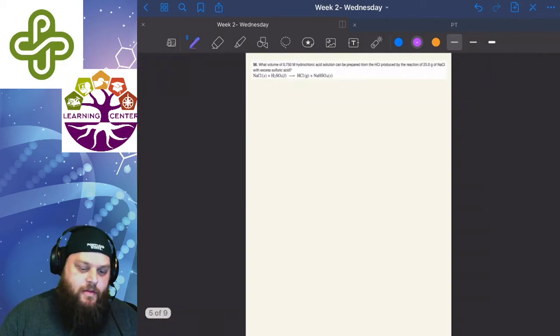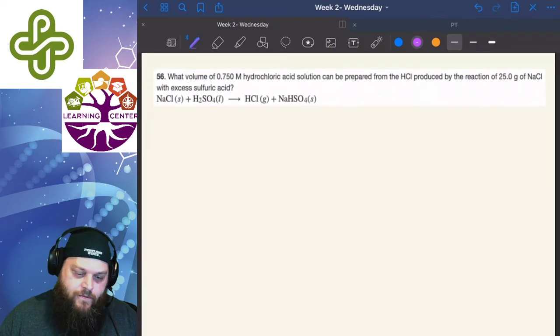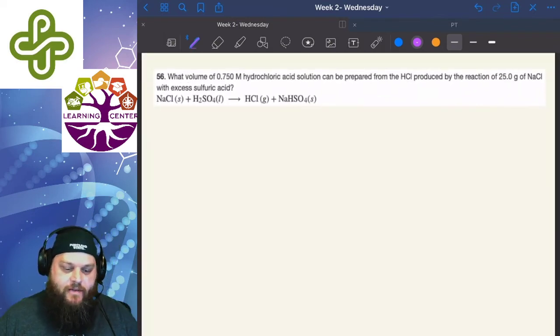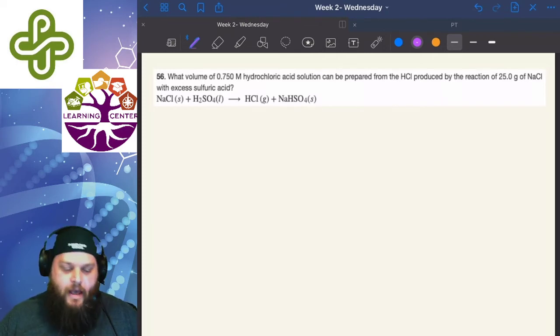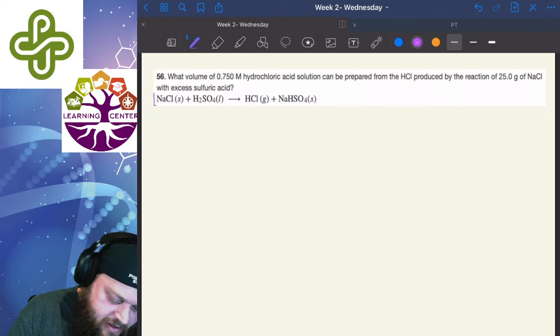The next problem, they want to know what volume of 0.750 molar hydrochloric acid solution can be prepared from the HCl produced by the reaction of 25 grams of NaCl with excess sulfuric acid. And that's a lot to say. So really, what's happening is there's this reaction here.